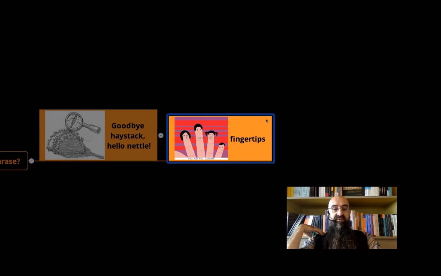One of the logos, what's the term, the one-liner of one of these indexing softwares is "Goodbye Haystack, Hello Needle." This is obviously a play on the English idiom of finding a needle in a haystack, something very small and something very large.